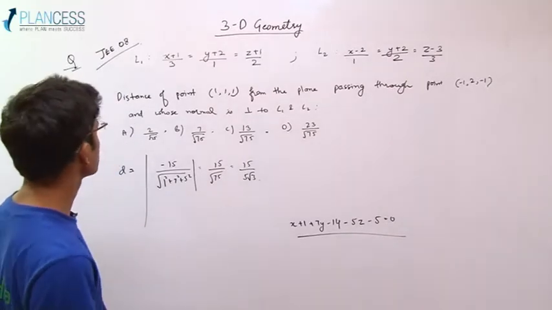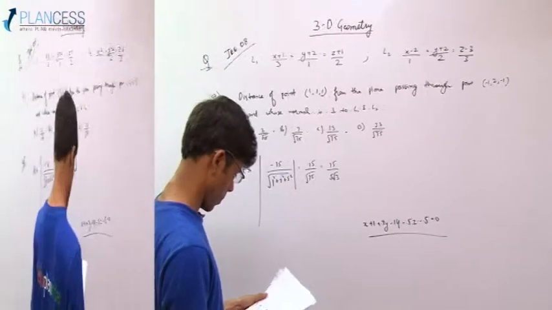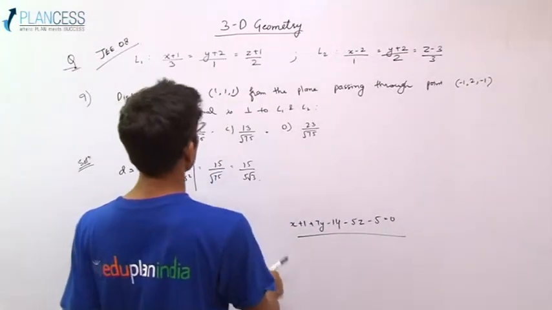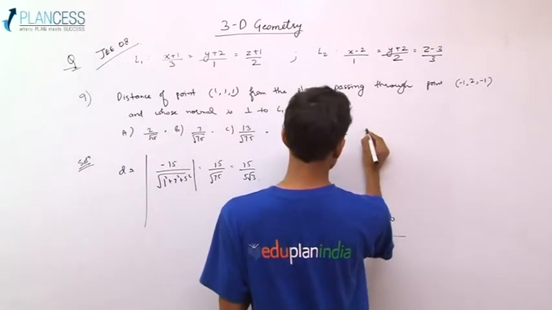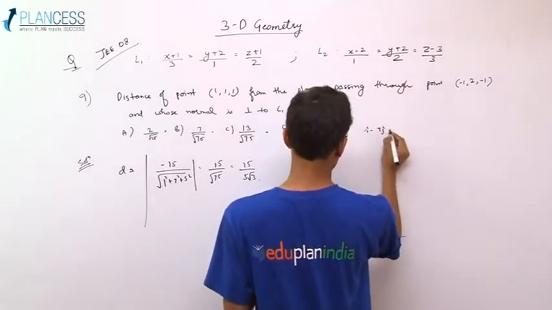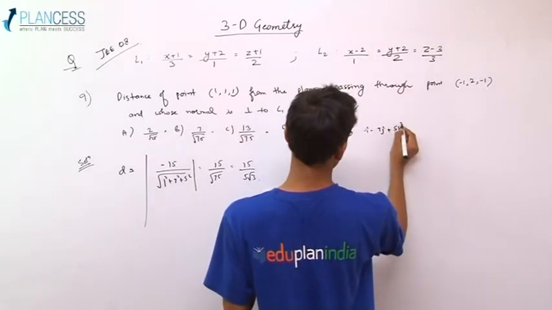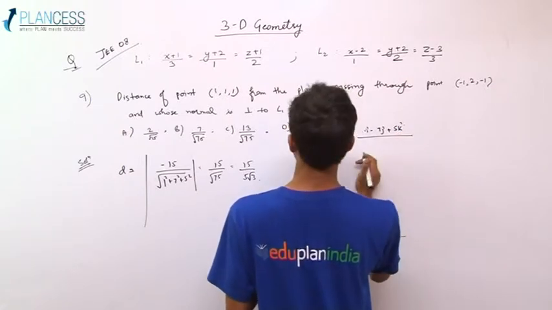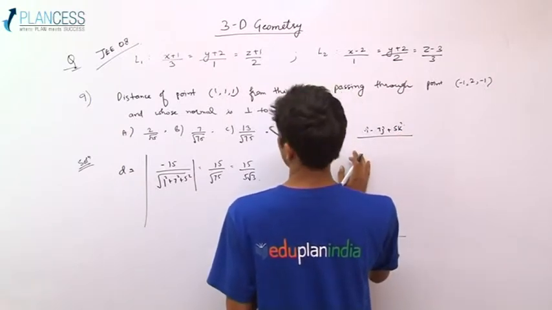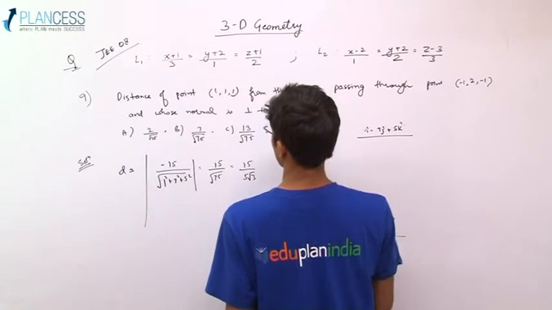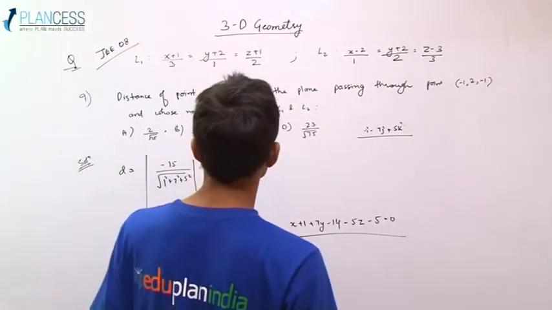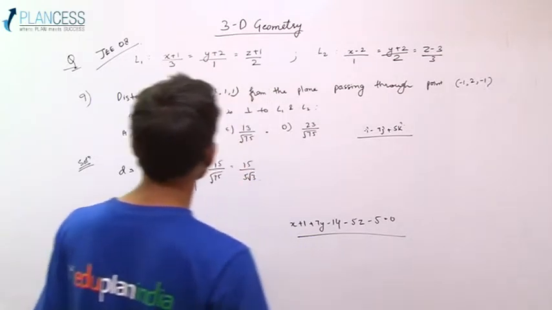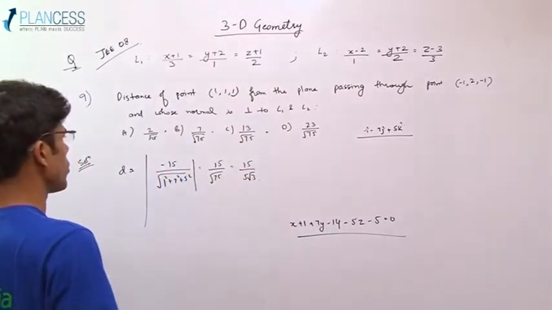I think I've made a mistake. Let us find the equation of the plane again. The vector perpendicular to the plane was minus i cap minus 7j cap plus 5k cap. But the normal is perpendicular to L1 and L2.